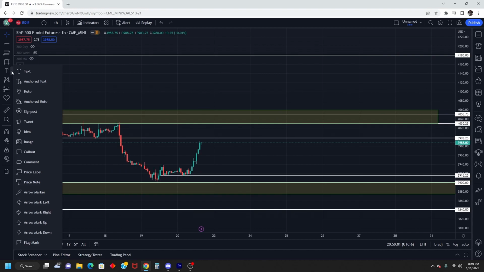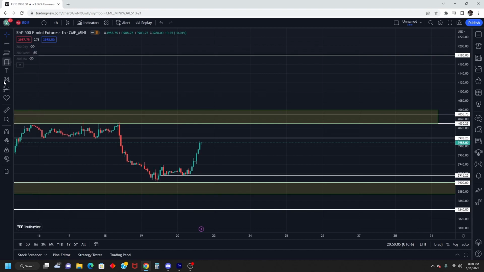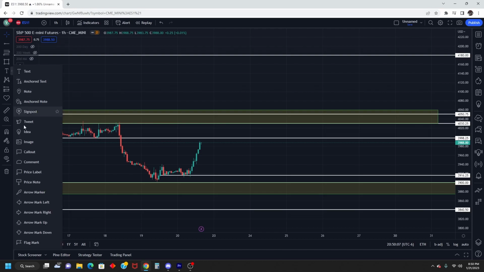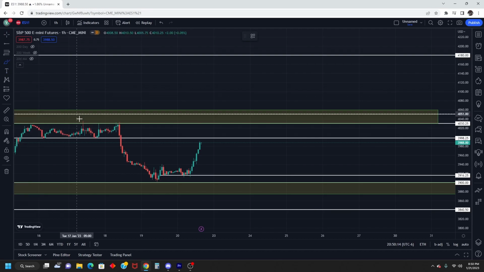So this is what it's going to look like. Let me draw it on the chart for you. Make it short and sweet. So I want to look for something like this.